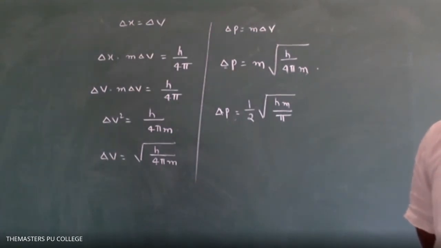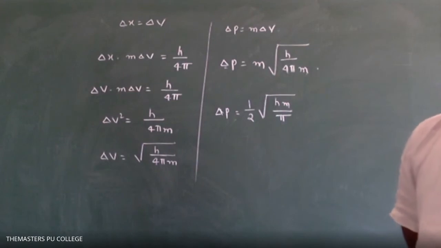Psi square means probability of finding electron, where the electron is present, which depends on the orbital. So it is not inside the nucleus, so the first option is wrong. Far from the nucleus is also wrong. Near the nucleus is also wrong. Depending upon the type of orbital, we can say psi square.